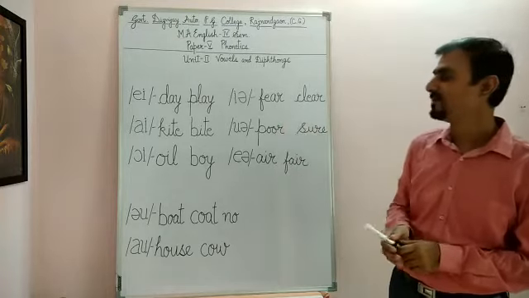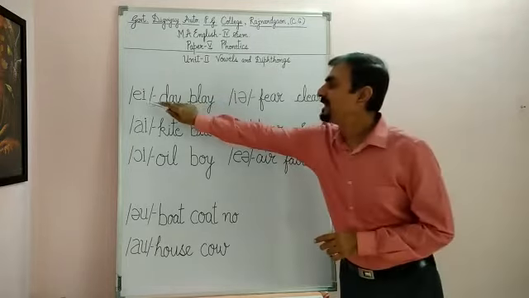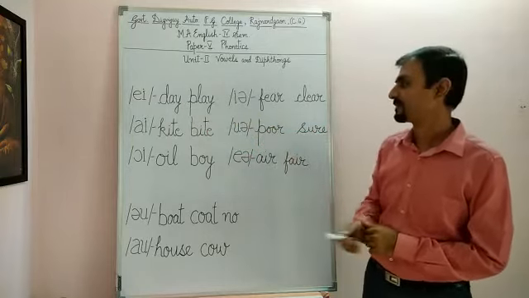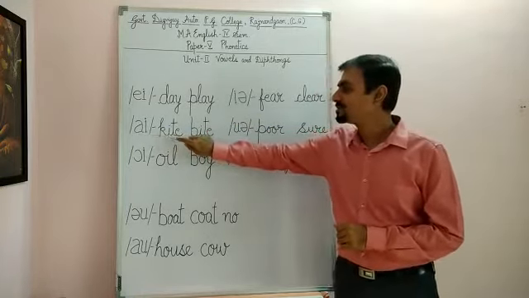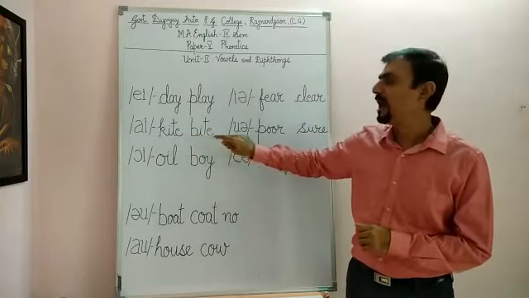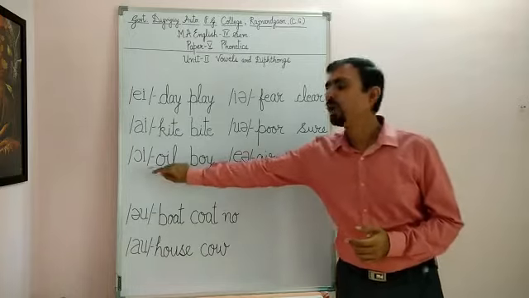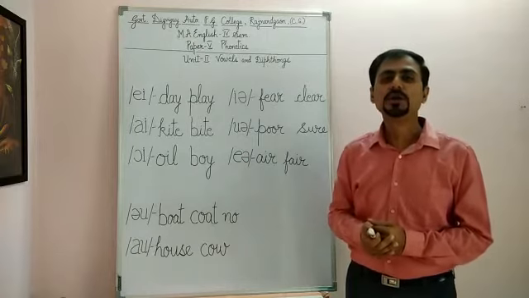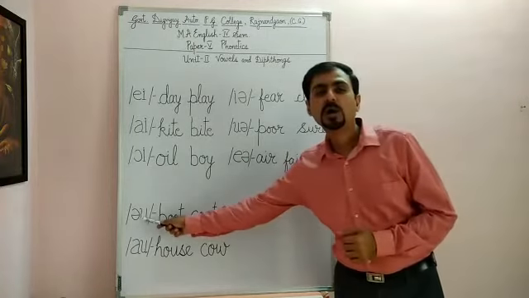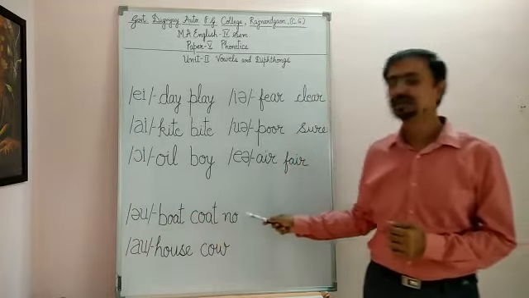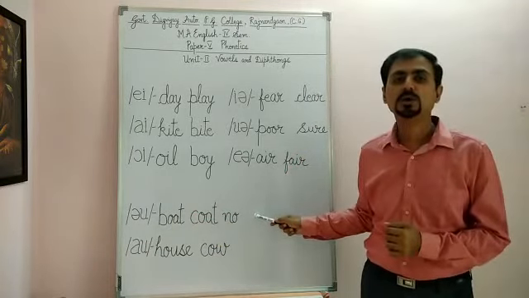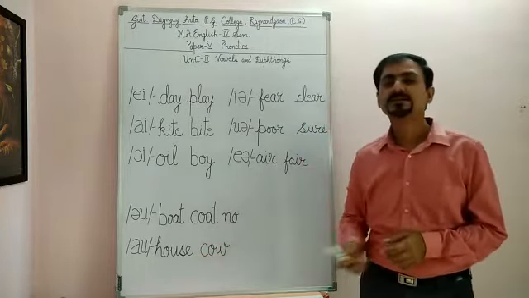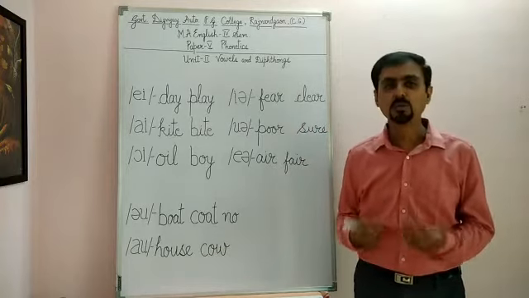So let's repeat once again. Read them all together. A as in day, A as in play, A as in may. I as in kite, I as in bite, I as in bright. Oi as in oil, oi as in boy, oi as in soil. O as in boat, O as in coat, O as in no. Ow as in house, ow as in cow, ow as in how.